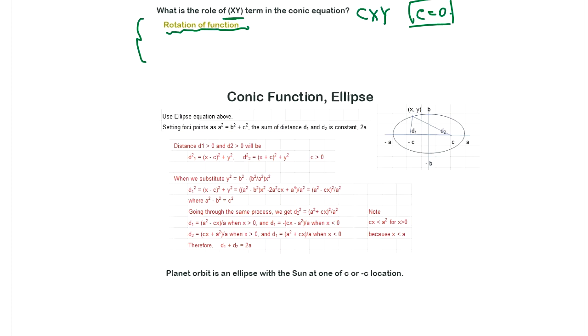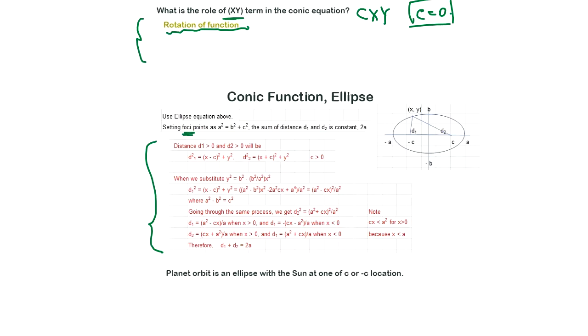Okay. Well, I think you should stop the video and prepare pencil and paper and do this practice. Okay. The objective is to set the foci.